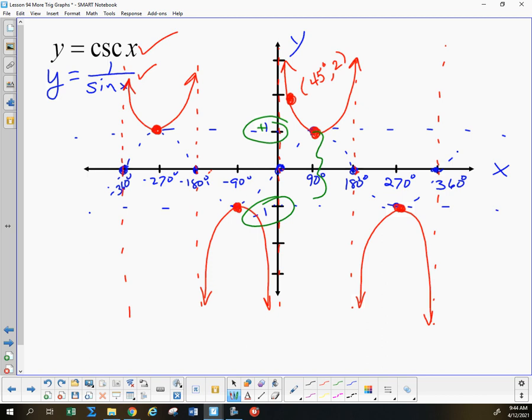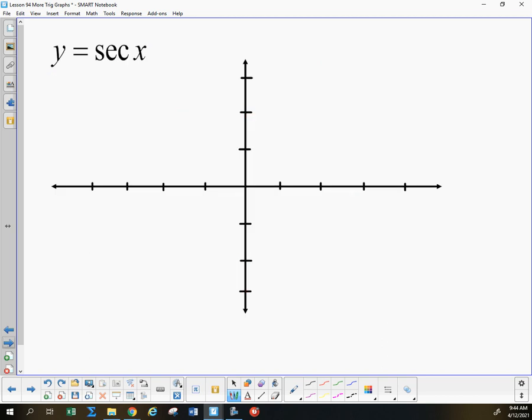Okay, now we're going to do the same thing, but with secant. Secant is 1 over the cosine. So I want to graph secant for this problem. I don't really want to graph cosine. So I'm going to draw a dotted cosine since that's not what I'm really asked for here.